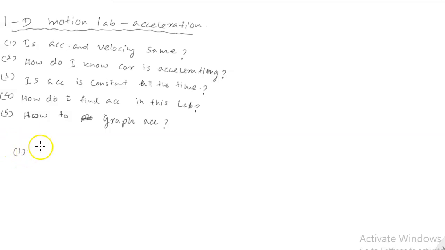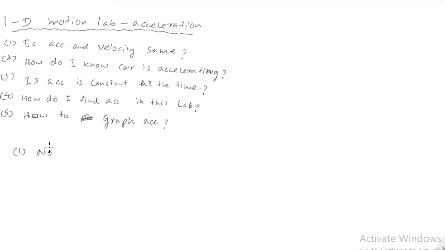Okay, so is the acceleration and velocity the same? No, they are completely different things. They're both vectors. The idea of velocity is it's like how far you go in a given time, right? Velocity is found by dividing the displacement by time.